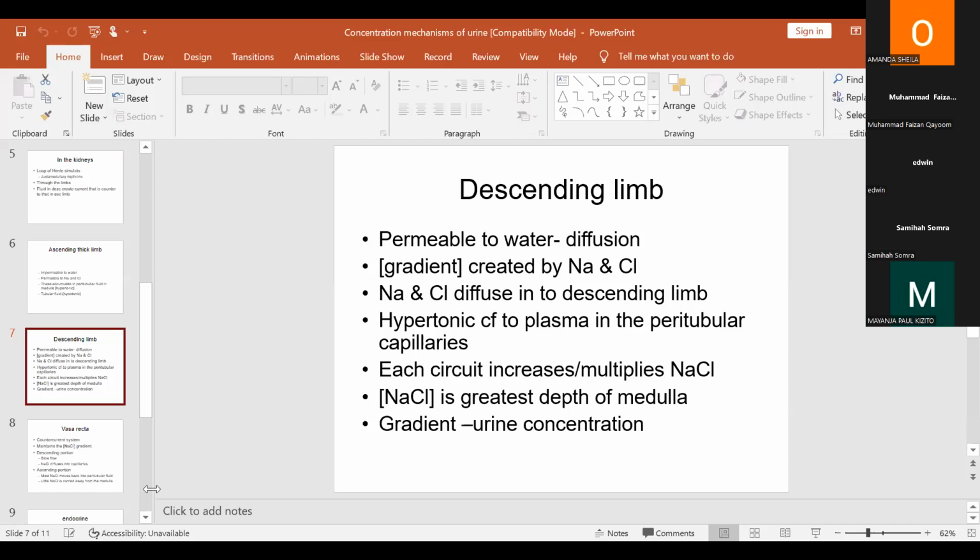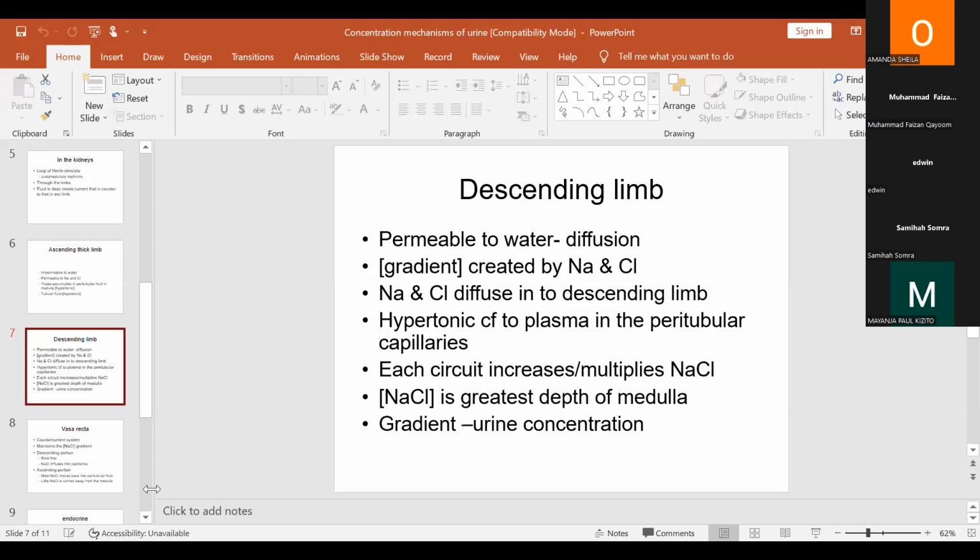So each cycle increases and multiplies sodium chloride concentration. And therefore, the concentration of sodium chloride is greatest at the depth of the medulla as you go down, for the reasons that we have talked about. Water has been removed in the descending loop of Henle. Sodium chloride is retained. Therefore, the concentration is maximum at 1,200 milliosmoles at the depth of the medulla, where the loop of Henle turns to go upwards.